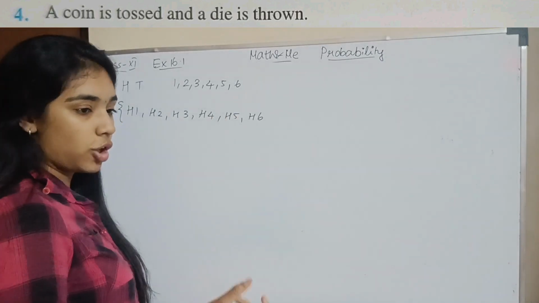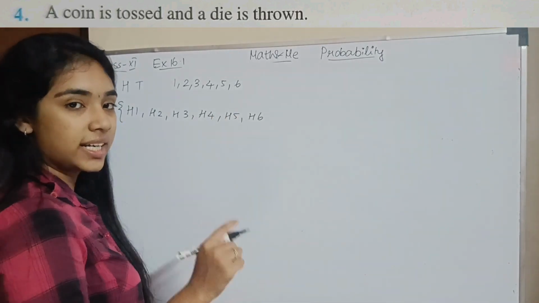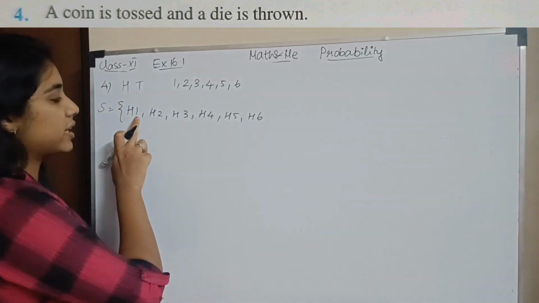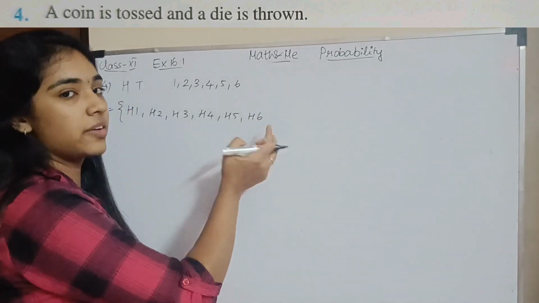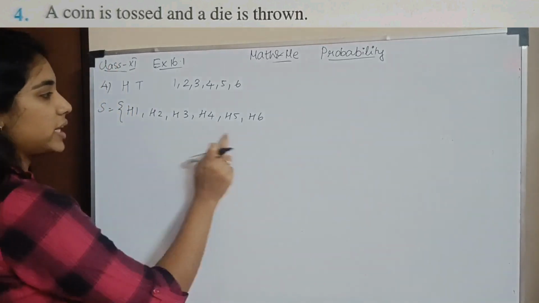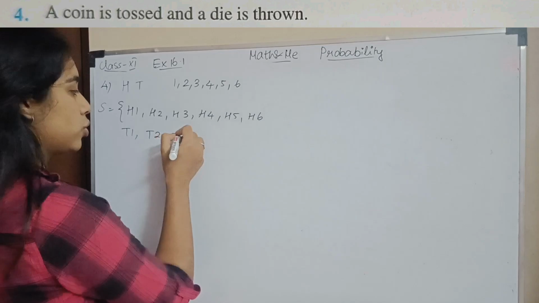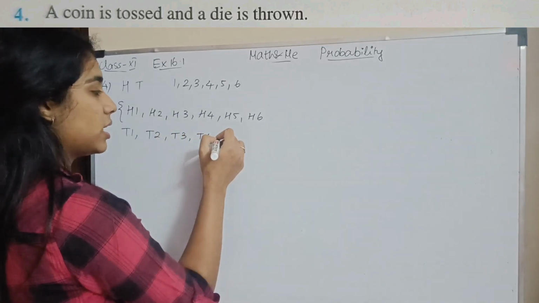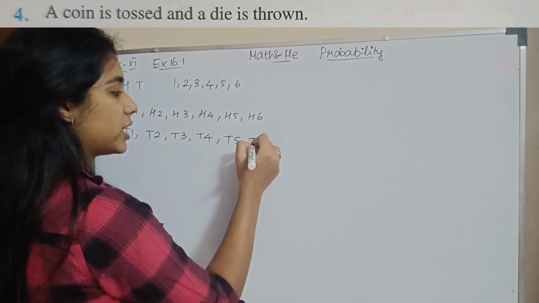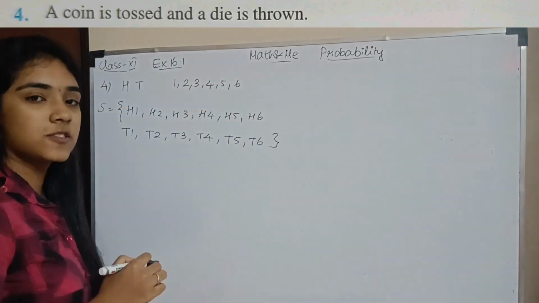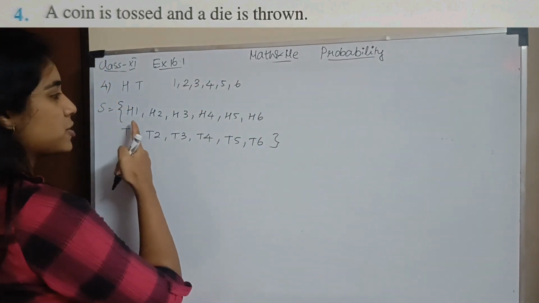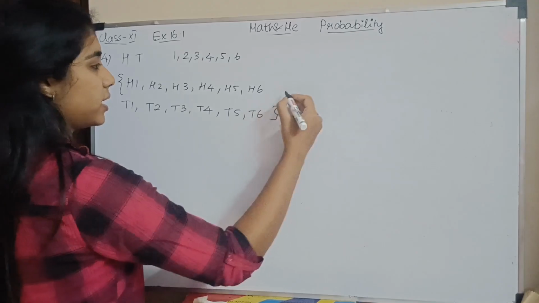Coin if you toss and you get a head, and if you throw a die போட்டதுக்கு அப்புறம் you can either get 1, 2, 3, 4 or 5 or 6. Okay? So head போட்டா இதெல்லாம் options. அதே மாதிரி tail போட்டா tail 1, tail 2, tail 3, tail number 4 on the die, tail number 5 on the die, tail number 6 on the die. So this is your sample space. Okay? So how many elements do you have? 6 2s are 12. So 12 elements.